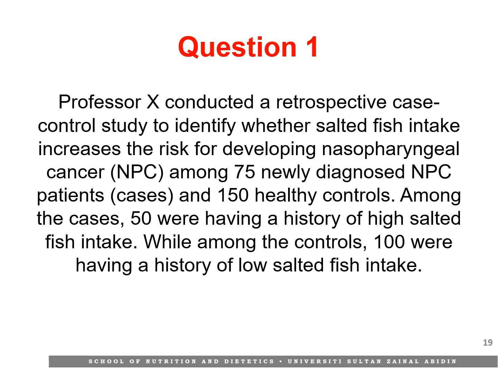Let's look at an example on how to solve the problem involving odds ratio and relative risk. Question 1 is, Professor X conducted a retrospective case control study to identify whether salted fish intake increases the risk for developing nasopharyngeal cancer or NPC among 75 newly diagnosed NPC patients, which are cases, and 150 healthy controls.